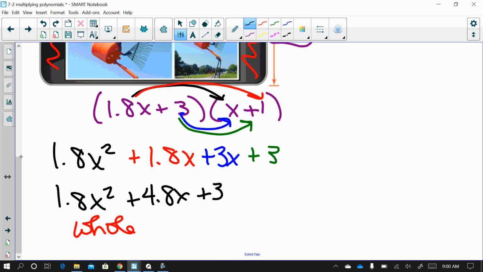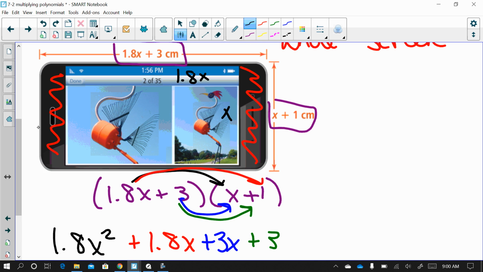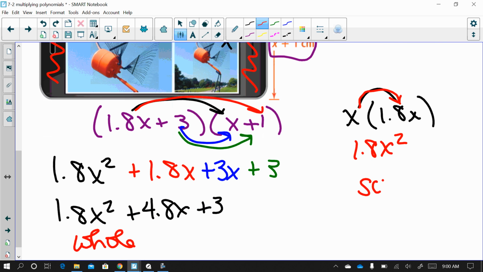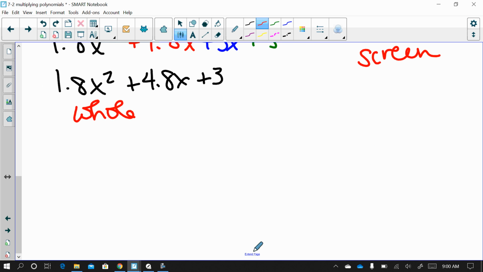Now let's look at the screen. We know the screen was x times 1.8x. So we just multiply here, just like distributing. So 1.8x squared. This is my screen. Now we want to do the whole minus the screen.